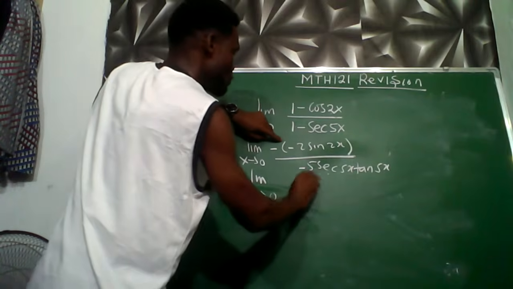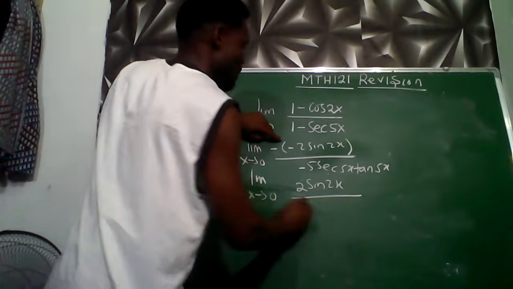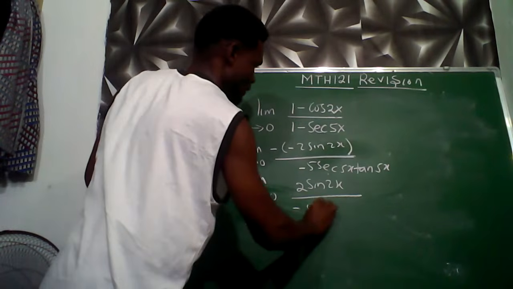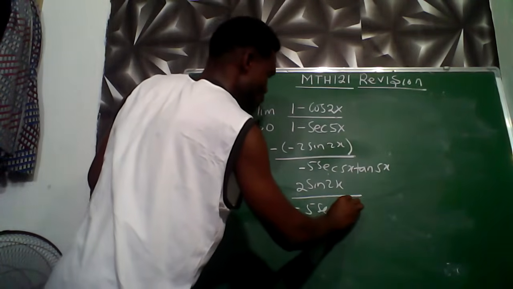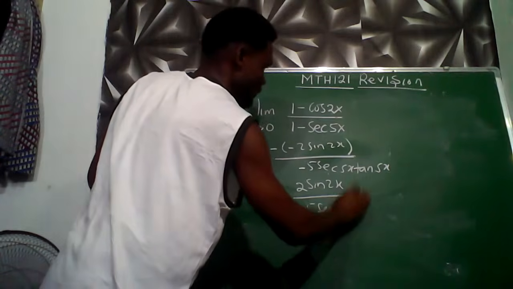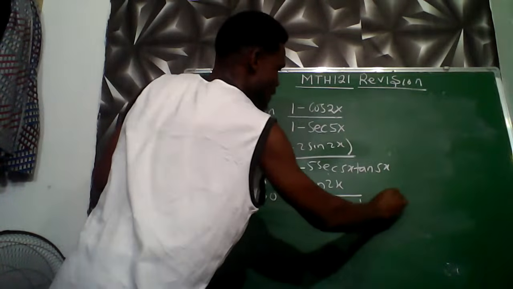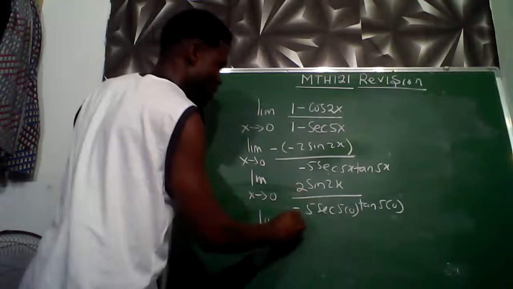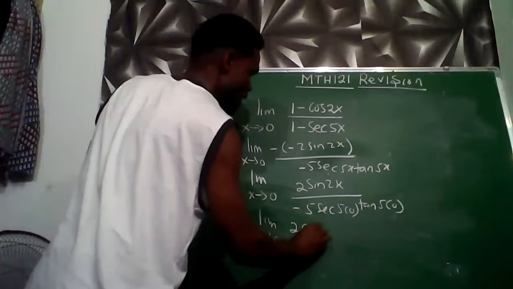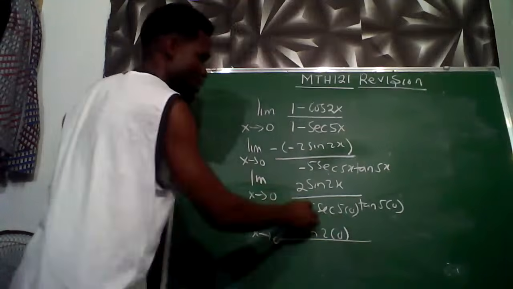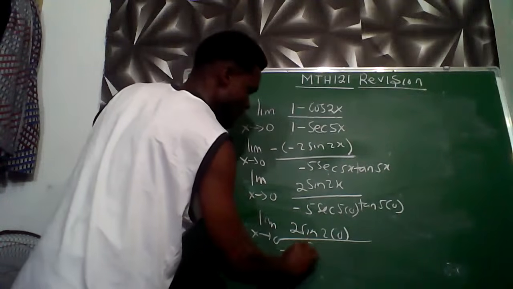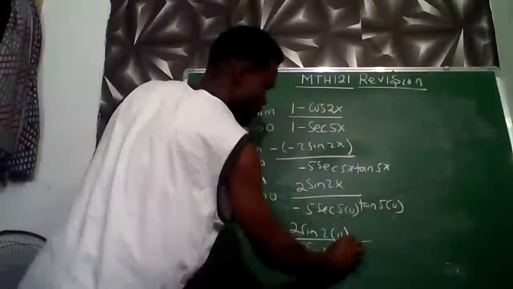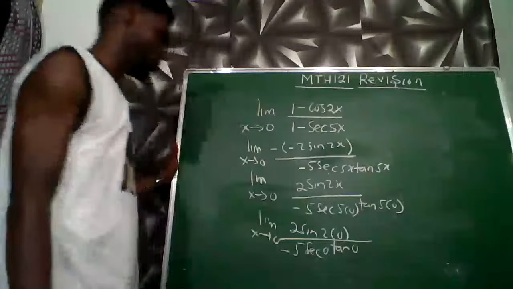So that will be 2 sine 2x all over minus 5 sec 5x tan 5x. So the limit as x tends to 0 of 2 sine 2 into 0 all over minus 5 sec 5 times 0, tan 5 times 0.